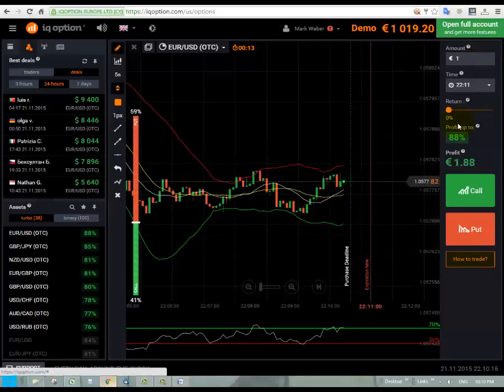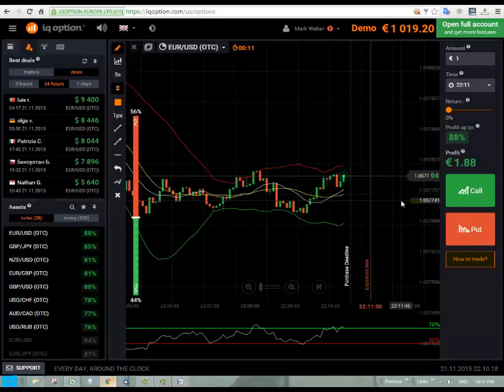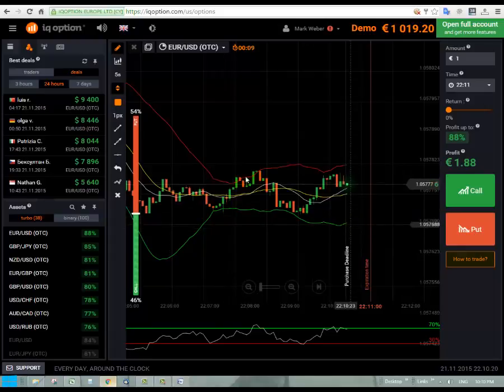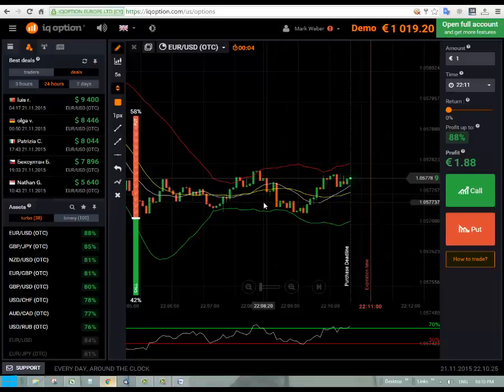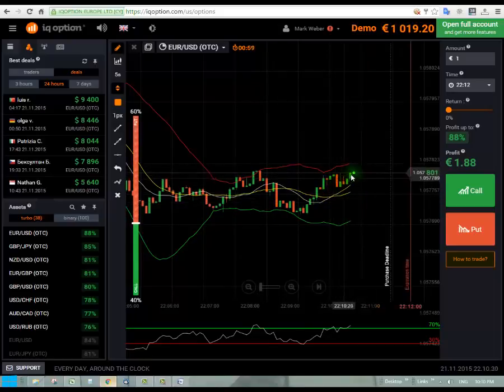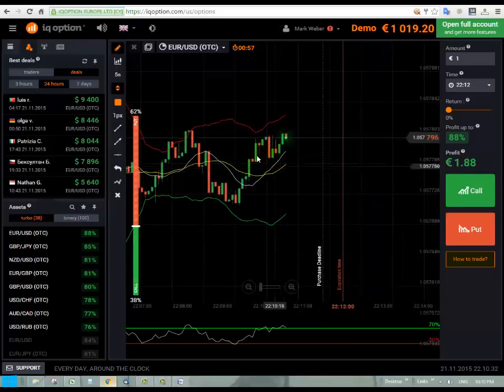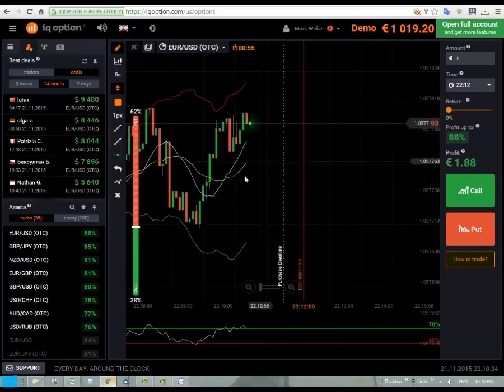We will set up for 1 euro. You can see the channel is a little bit narrow now, which means that we will expect a big movement.